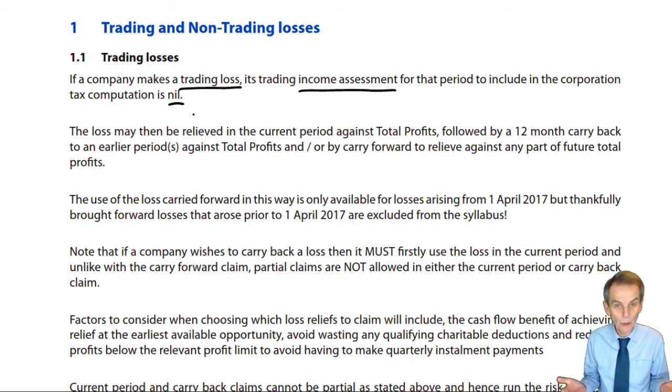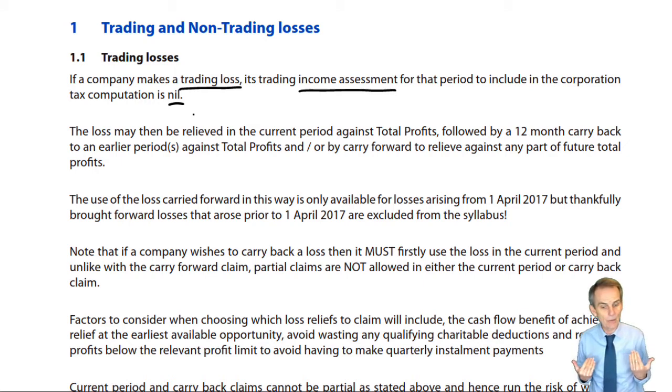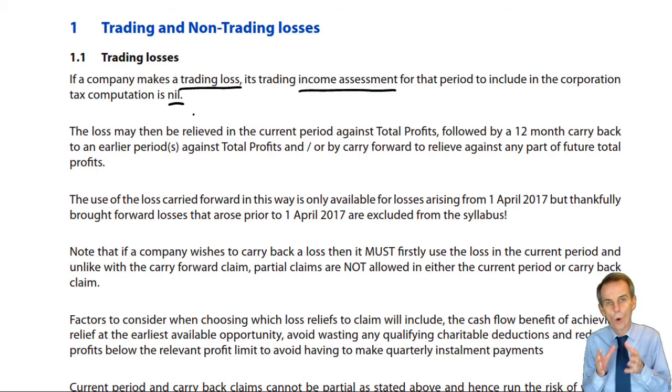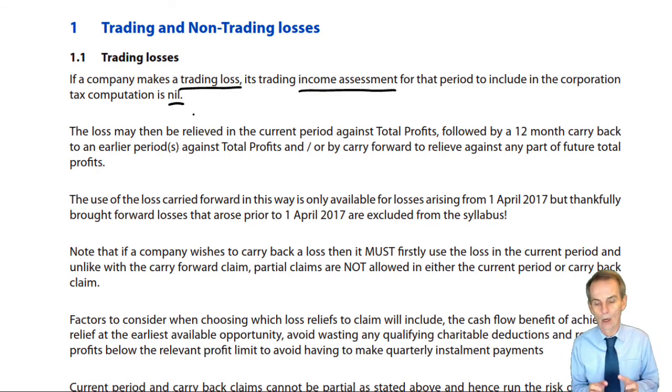We can, of course, carry back to an earlier period, or we can carry forward to a future period. Now, what we have to learn are the order in which we would have to make certain of these relief claims. And when we relieve in current, carry back, or carry forward mode, what do we relieve against?